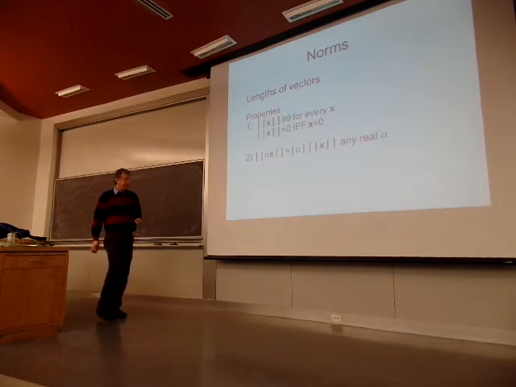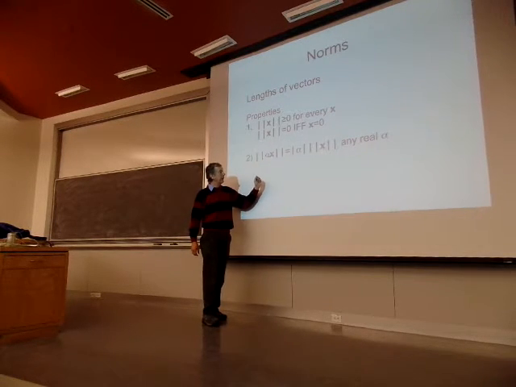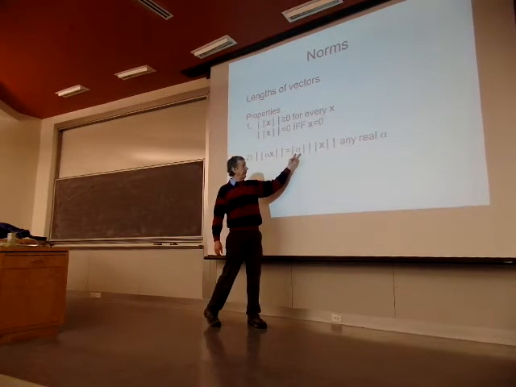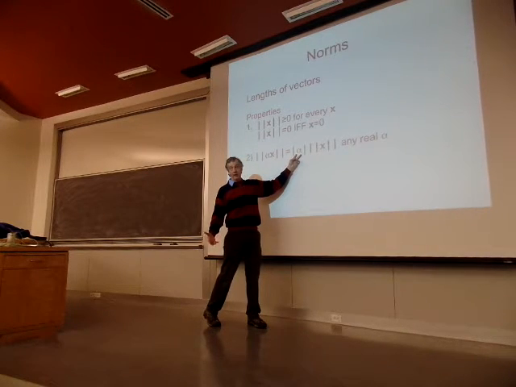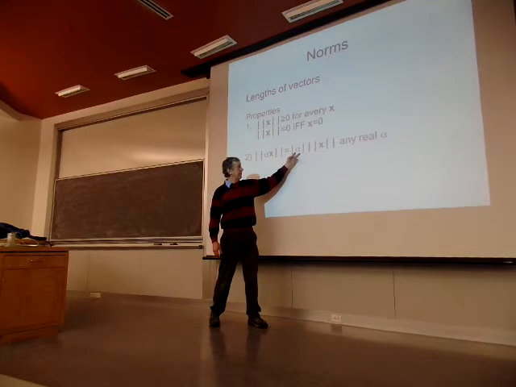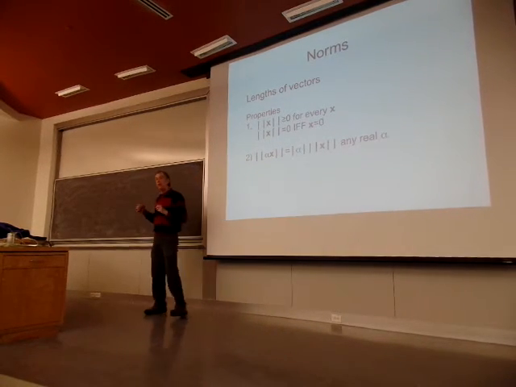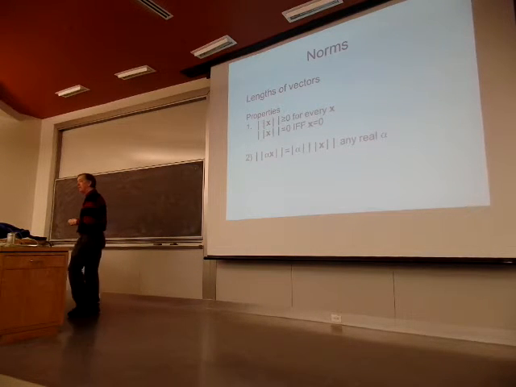Also, if I look at the norm of some constant times the vector x, since alpha is a constant, it's just the absolute value of alpha times the norm of x, for any real value of alpha.